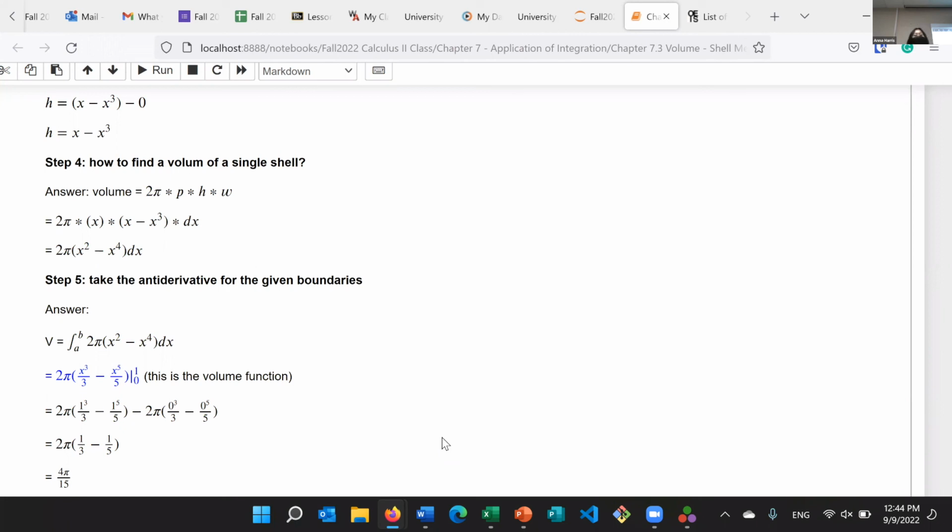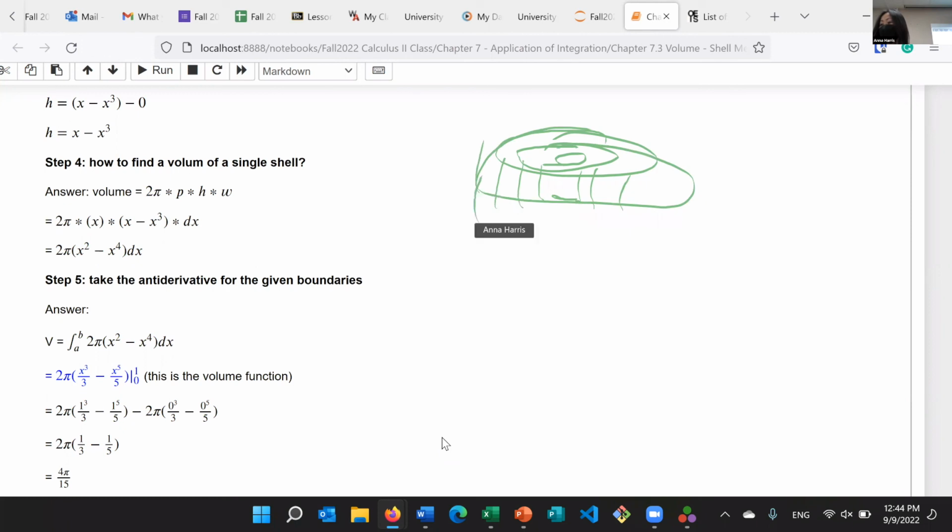Now, what I'm looking for is not just the one single shell, but every one of them. Do you see? You do a smaller shell, then a little bit bigger shell, and a little bit bigger shell, trying to fill up the entire region.